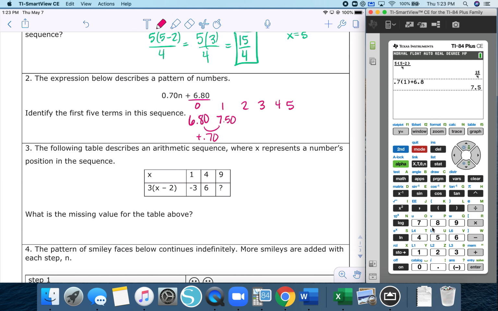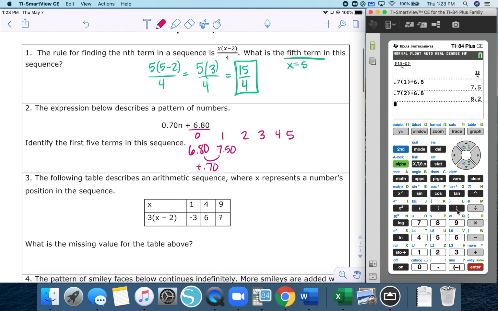So if I'm plugging in 0.7 times 2 plus 6.8, that would give me 8.2. I can also just keep adding that 0.7, whatever's in front of n, to the number that came before it. There's a couple different ways that you could knock out some answer choices.